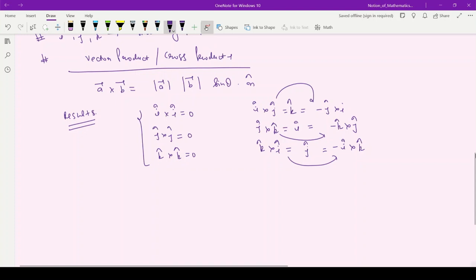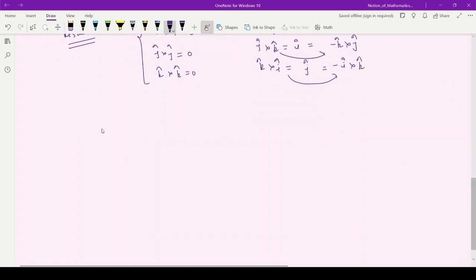Thereafter, a few applications of this particular concept I will be discussing. Actually, before these applications I would like to discuss one more topic, then we will come to the application part.